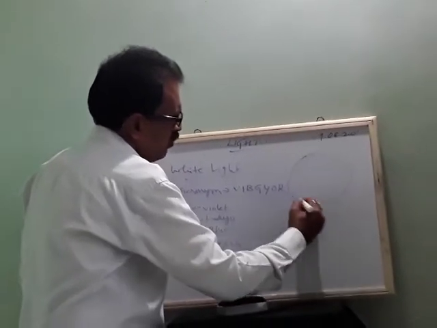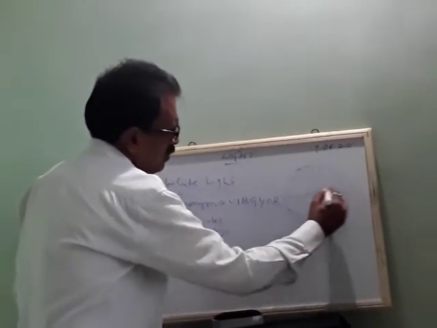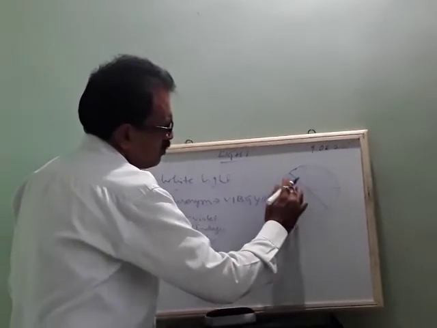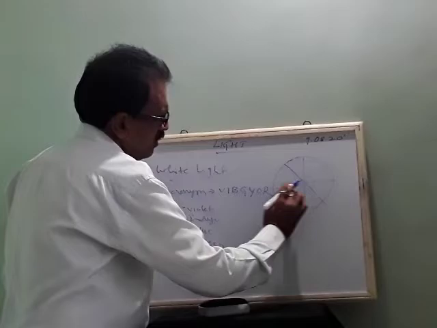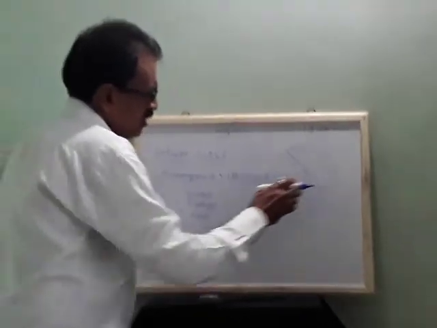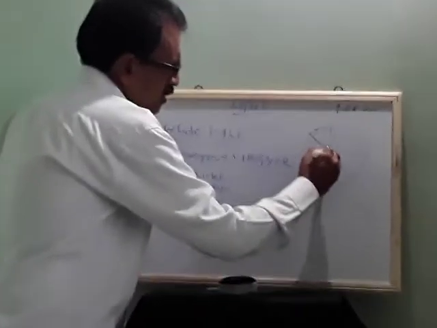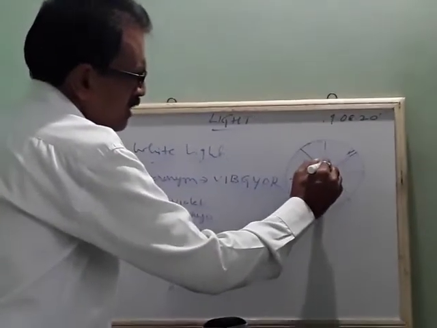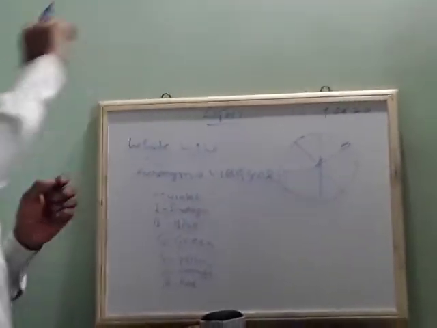You make a round card sheet, divided into 1, 2, 3, 4, 5, 6, 7 parts. So this becomes a magical disc. This is generally called a magical disc.